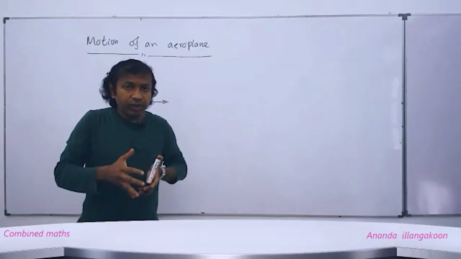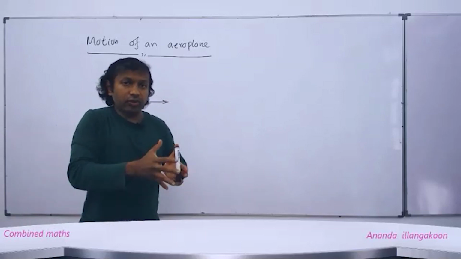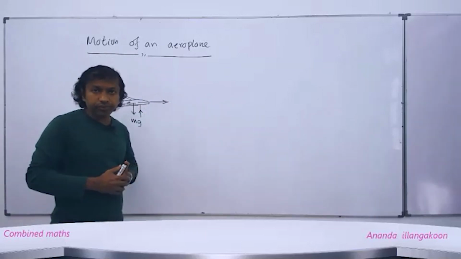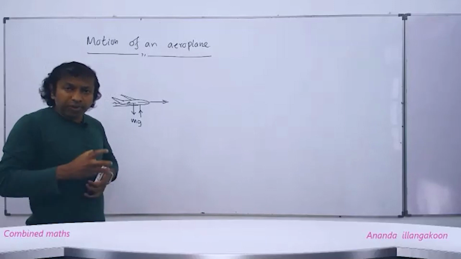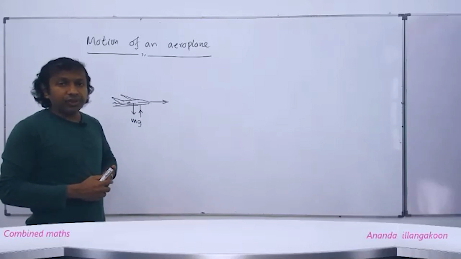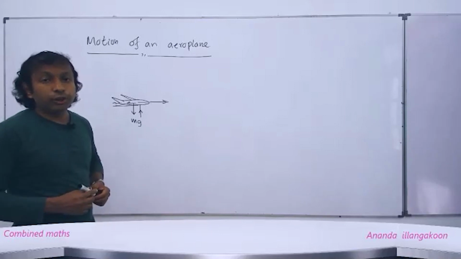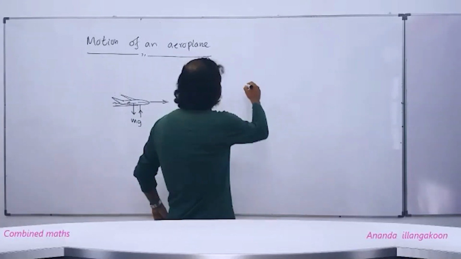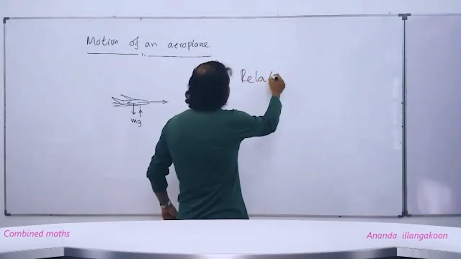That velocity is always acting along the body of the aeroplane. Even this velocity, the engine of the aeroplane produces, is called the velocity of the aeroplane relative to air. Relative to air. Remember that.